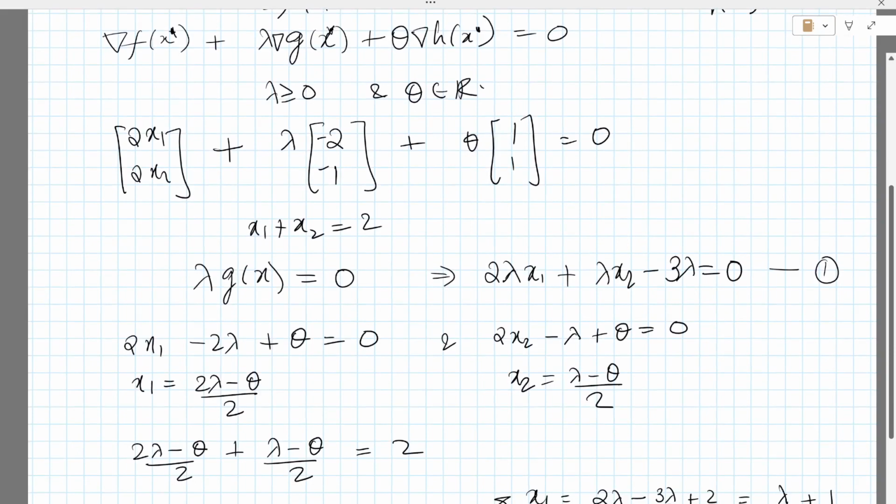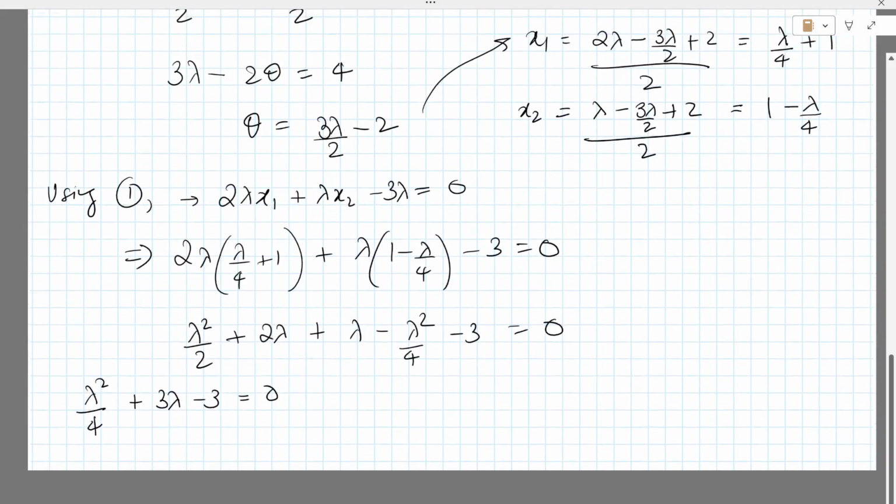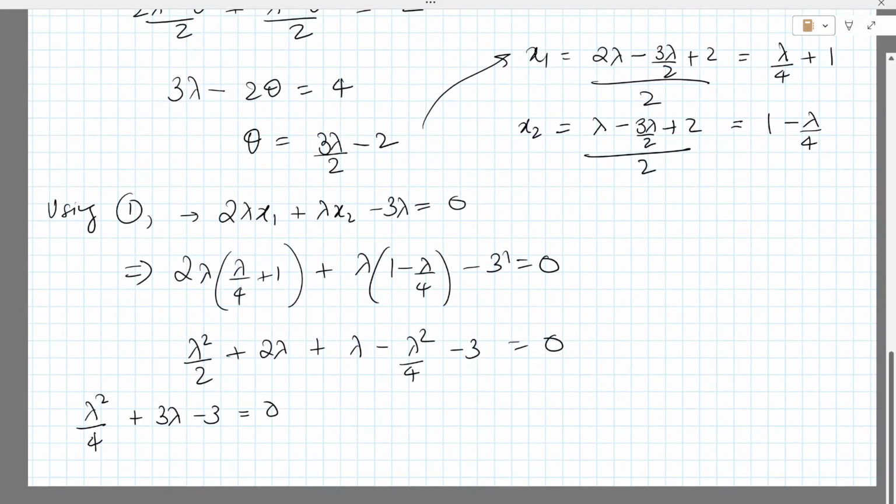This is lambda g of x, so 2 lambda x1 plus lambda x2 minus 3 lambda equal to 0. So lambda here also. In this case, my lambda square by 4 equal to 0, which implies lambda is equal to 0.